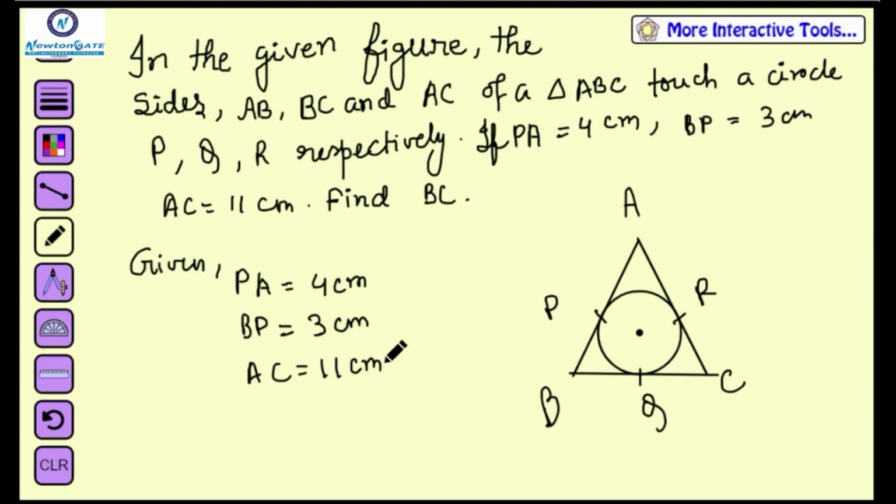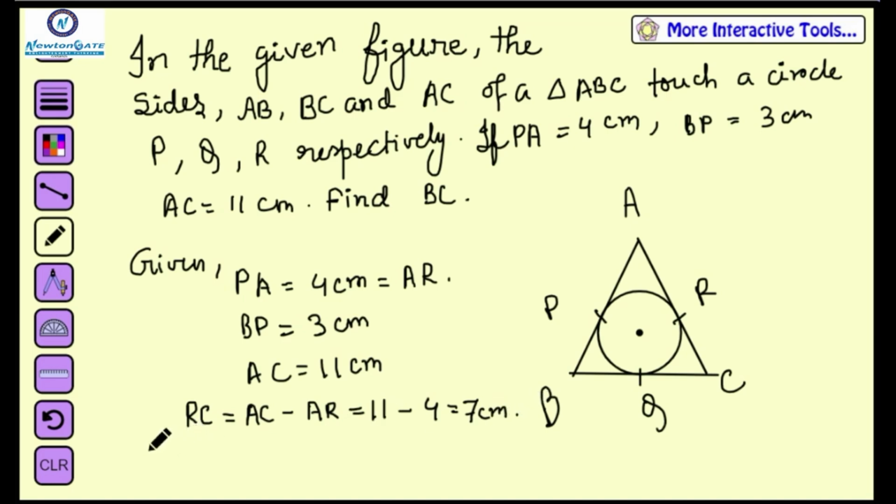So from the figure, we will say that if the value of PA is 4 cm, then the value of AR will also be 4 cm, because we know that the lengths of tangents drawn from an external point are equal. Now the value of RC is written as AC minus AR, and we know that AC is 11 and AR is 4. So the value of RC is 7 cm.